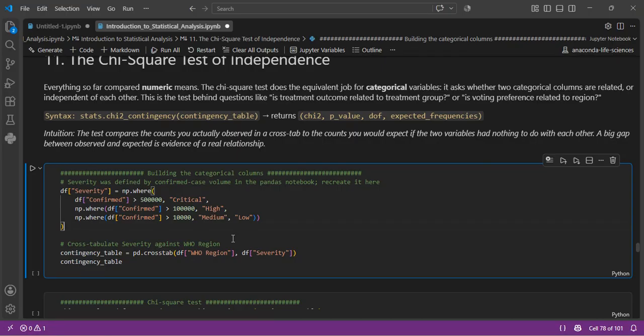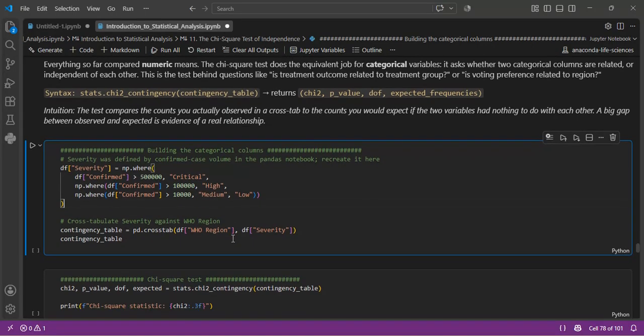So a new column will be created in our data frame, which checks the confirmed data against these conditions, and critical, high, medium, or low will be assigned.